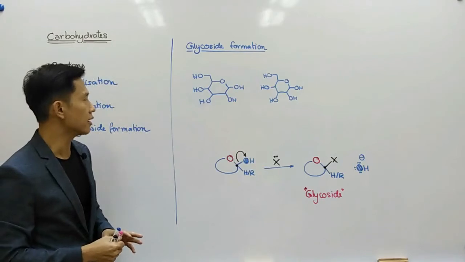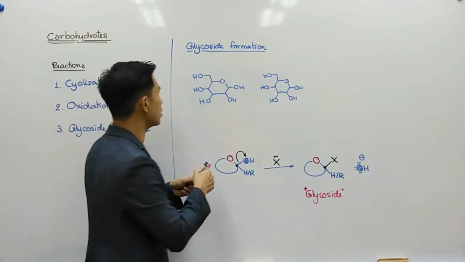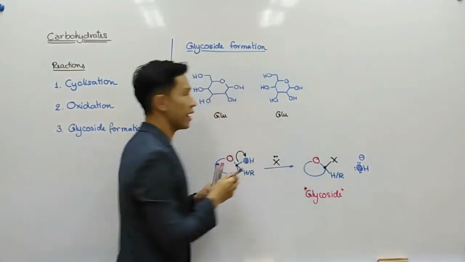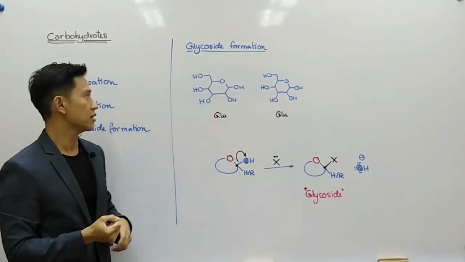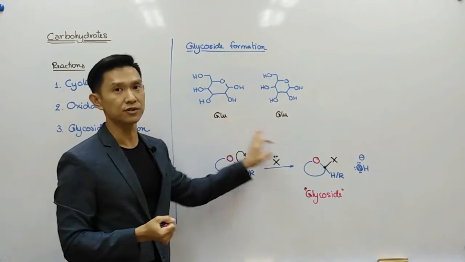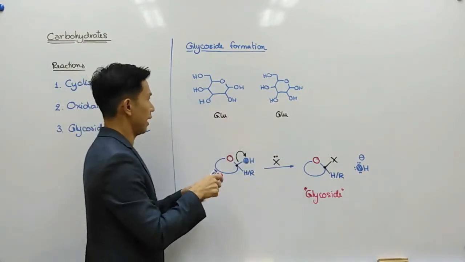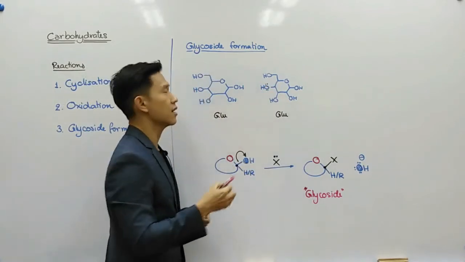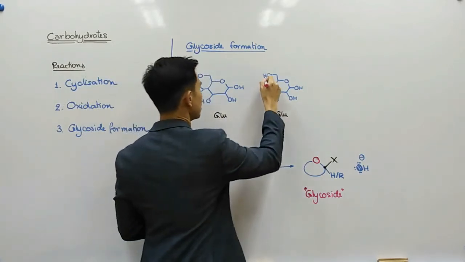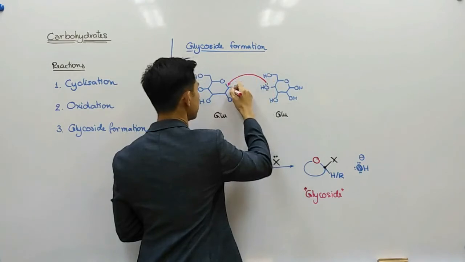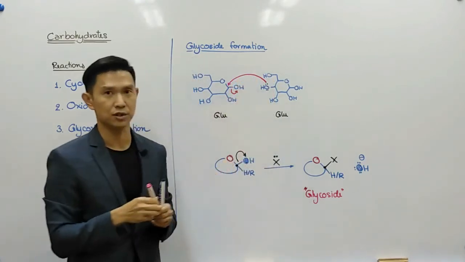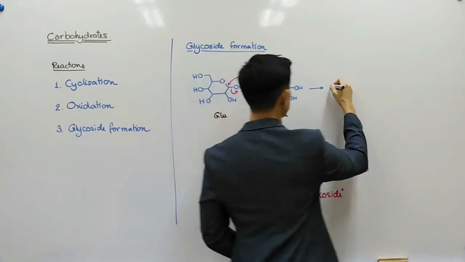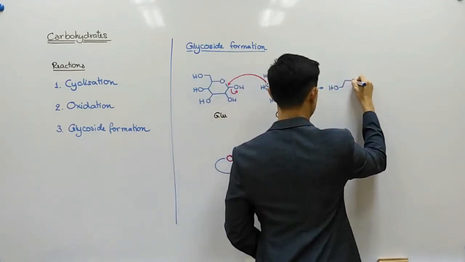Let's say you have a glucose over here, and another glucose over here, and the enzyme of a plant is used to condense these two glucoses together, using the electron pair of the oxygen over here to substitute and kick out this OH. So at the end, the product is like this.